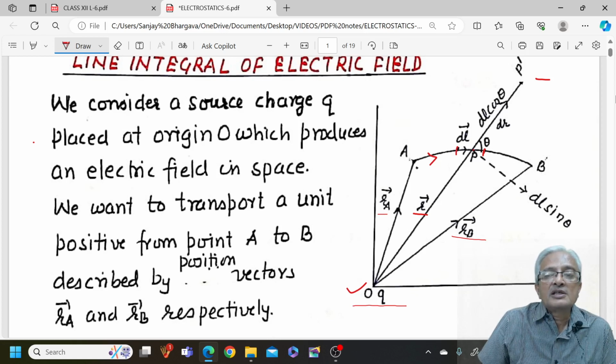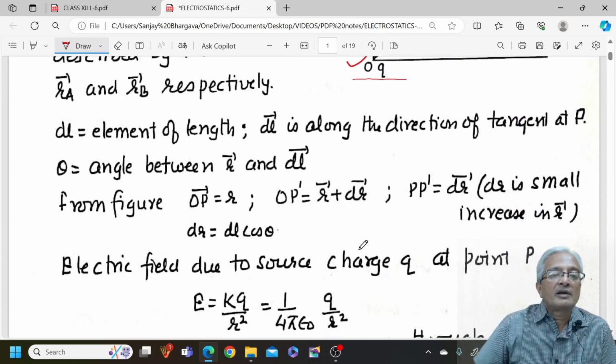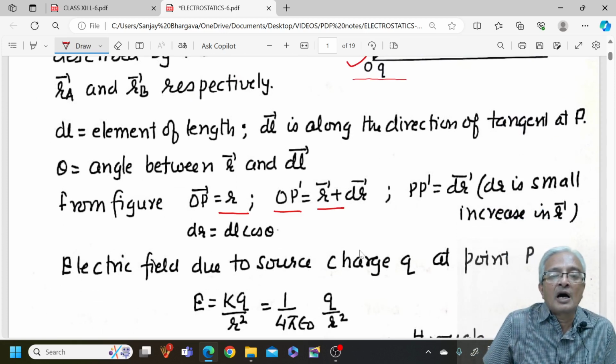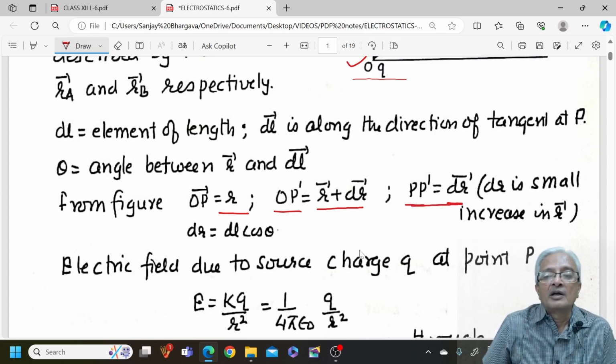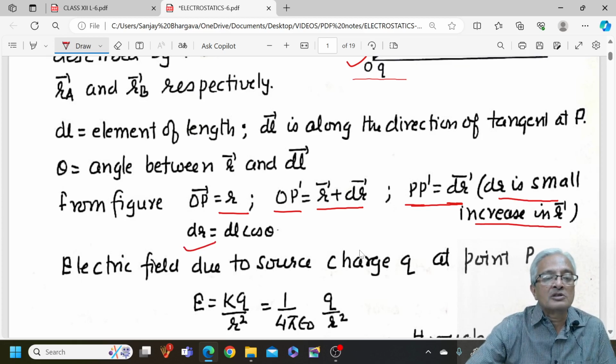Now this is a small increase in the value of R, so we can call dl cos theta as dr. So we here have written OP distance as R plus dr. Remember PP dash has been taken as dr. Dr is nothing but a small increase in R, and magnitude wise dr would be equal to dl cos theta.